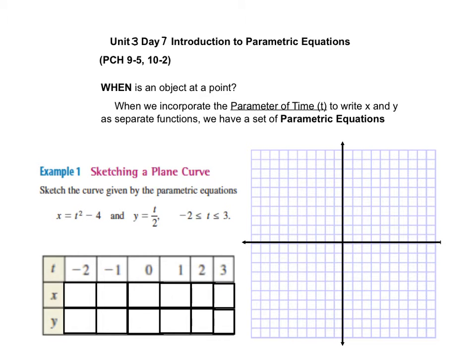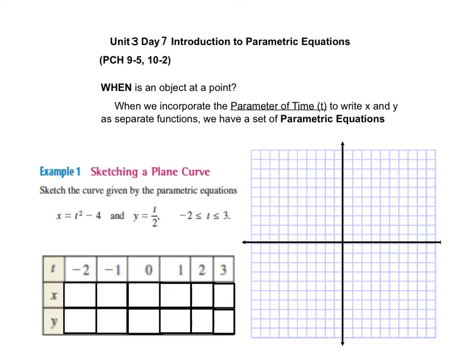We are not going to get into more complex ones where we have a vector that is parabolic in nature or something like that, or changing. But what we're dealing with here is we add this parameter of time to a situation.